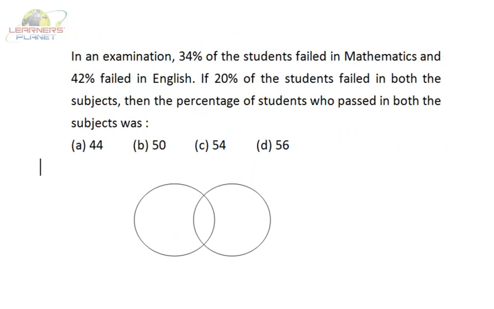Now friends, let's take some of the percentage problems related to Venn diagrams. Okay. In an examination, 34% of the students failed in mathematics. Just mathematics, and it is English.